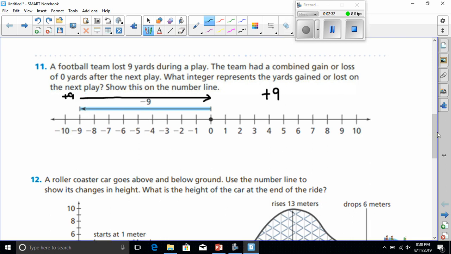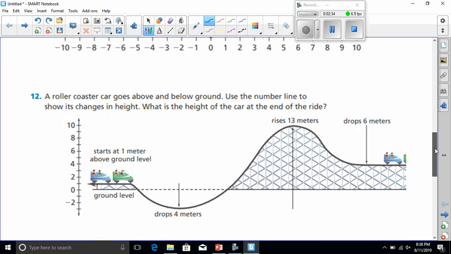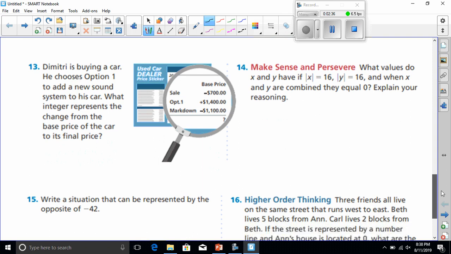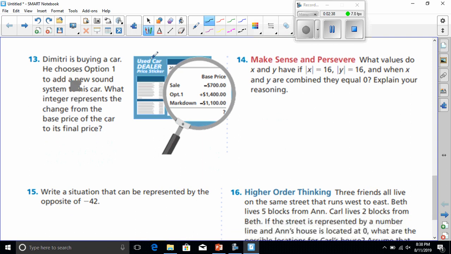We're going to number 13. 12 is yours. 13 says, Dimitri is buying a car. He chose option 1, to add a new sound system to his car. Well, what integer represents the change from the base price of the car to its final price? Well, he bought a car with option 1.